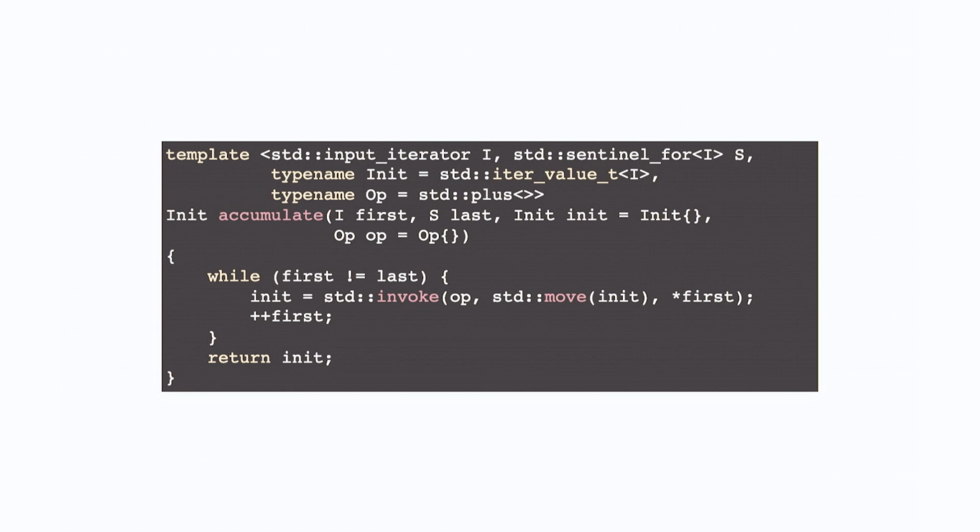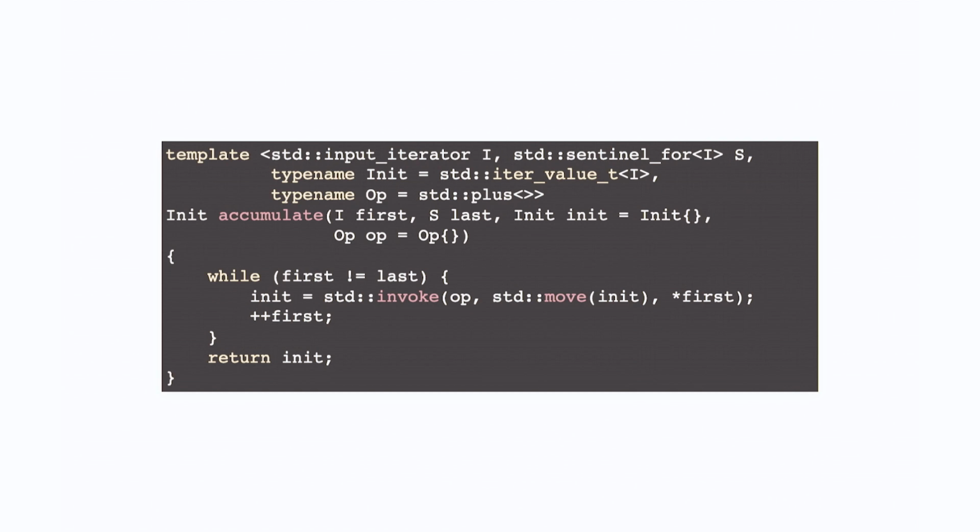So we're going to default init to iter value t, and then in our function argument, init is just going to be a default constructed, whatever the type is. Okay, so we still can pass an initial accumulator value if we want to, but by default, it's just going to be whatever the value type of the range is, default constructed. In our case, default constructed int of value 0.